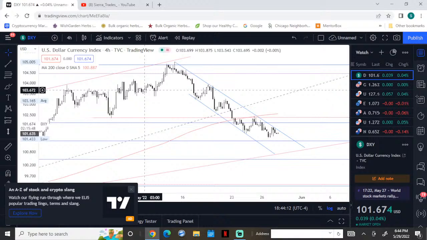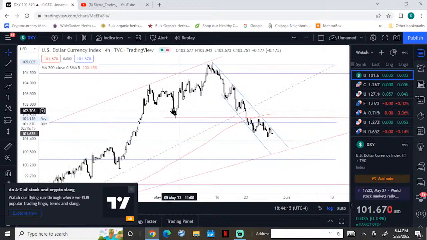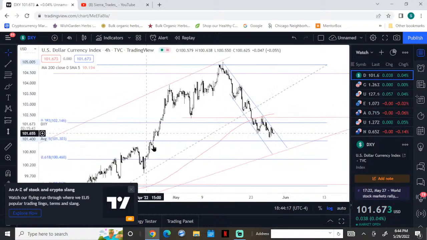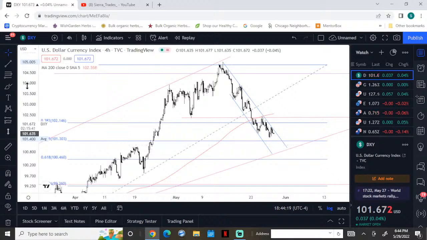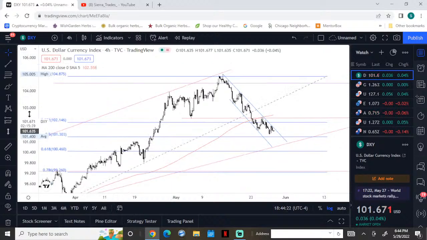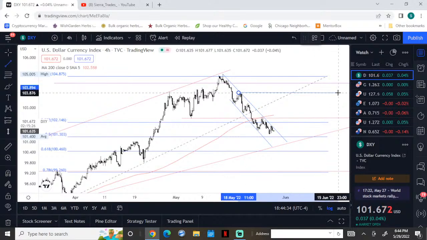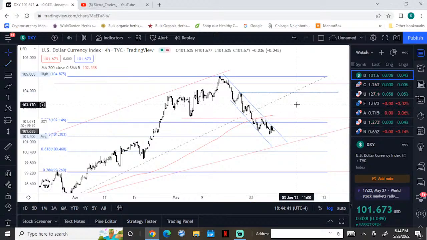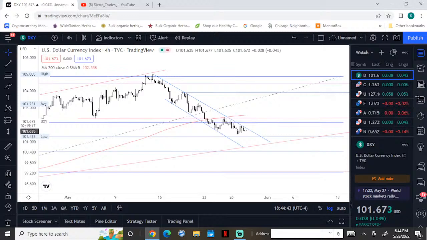I don't see a zone that is important on the 4 hour besides those trend lines. Maybe here. Let's see. So, okay.